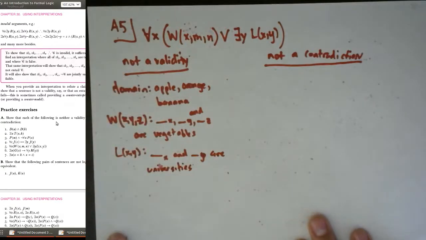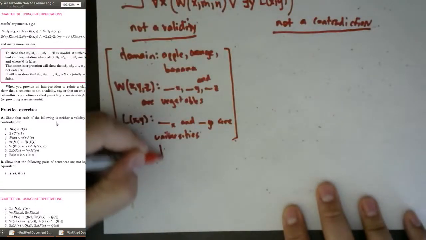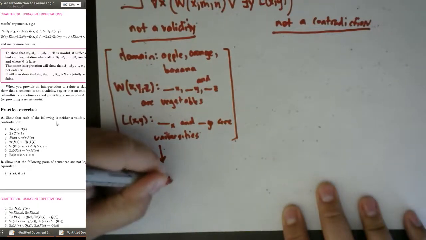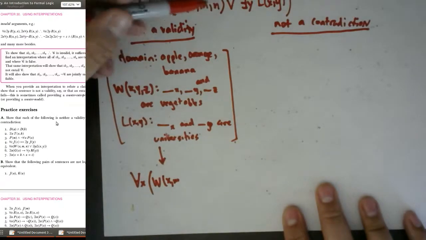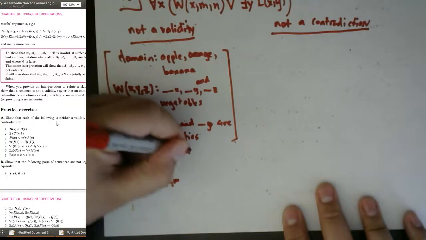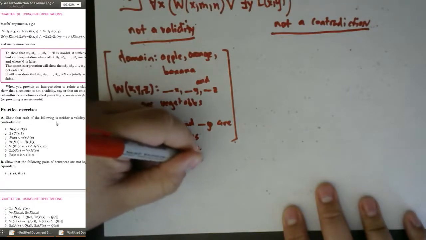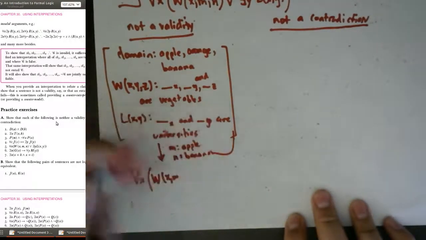Then we can easily say, in this interpretation, for all x, W(x, m, n), oh, we haven't completed our interpretation, right? We have two named constants in here. So let's let m be apple, and let's let n be banana. So that has to be part of our interpretation.